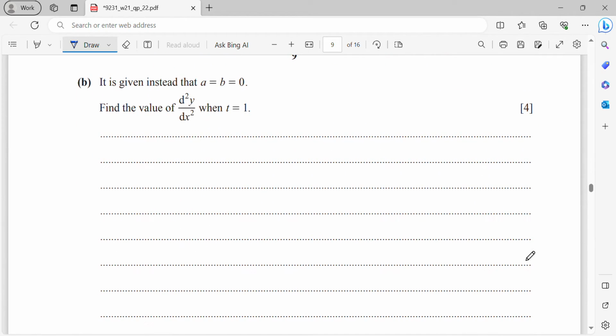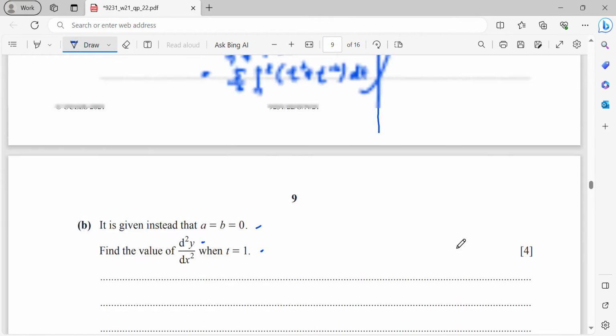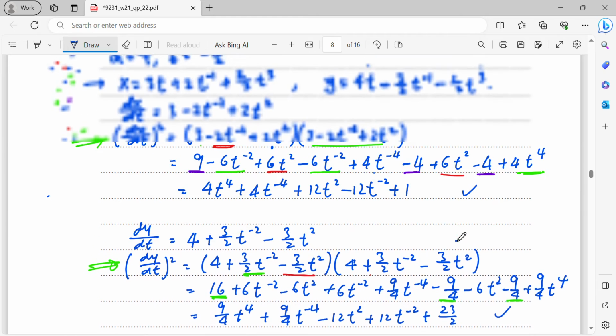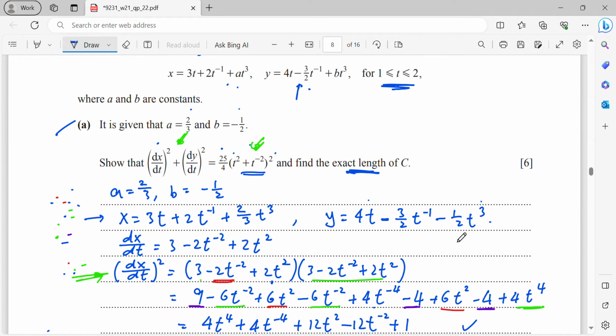Okay, now B, it is given that A equals B equals 0. Find the value of d squared y over dx squared when t equals 1. So now, when A and B equal 0, you have to rewrite your x and y.